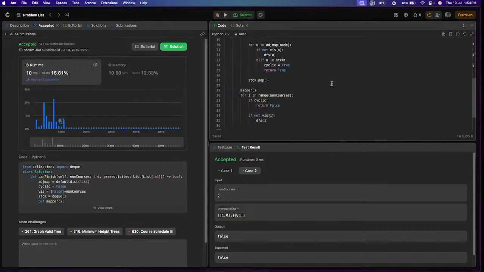So checking in stack is O of n, and that's why it's pretty slow. But I think we can go further.